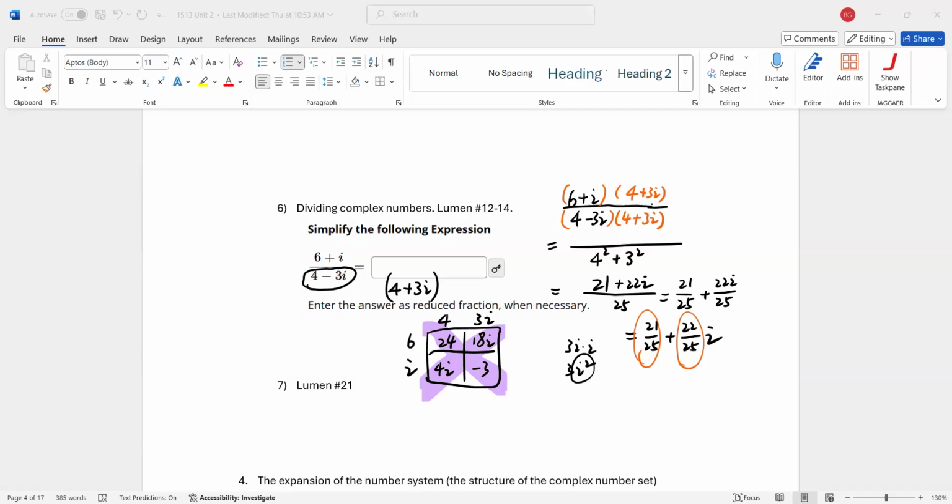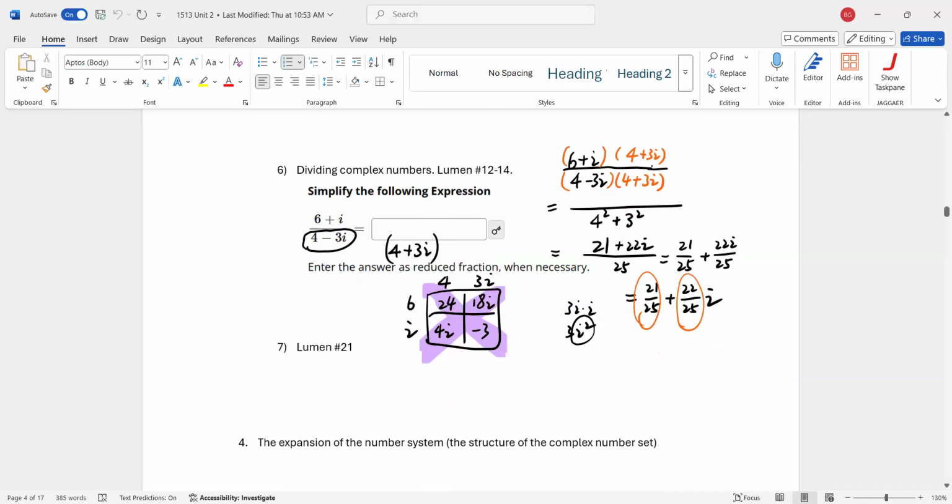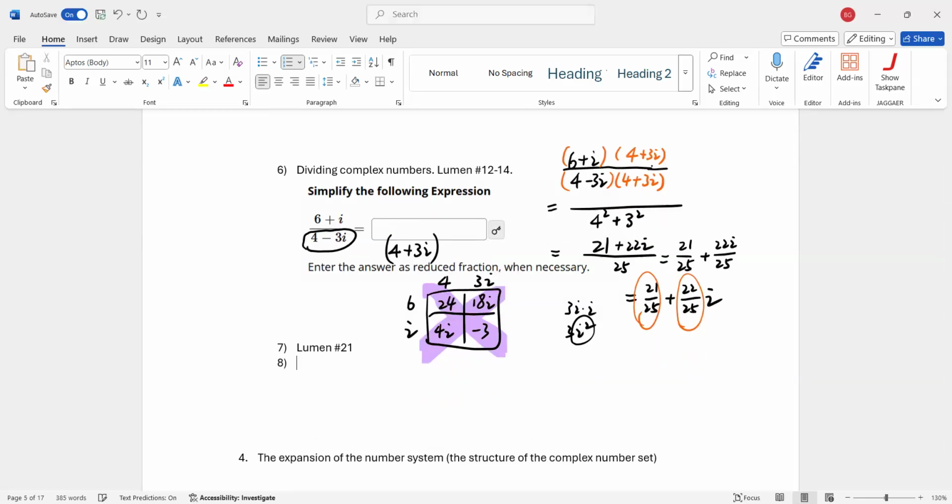Exercise 2.1: numbers 12, 13, 14 are about the division of complex numbers. Let's look at number 12. I'm going to put it here.